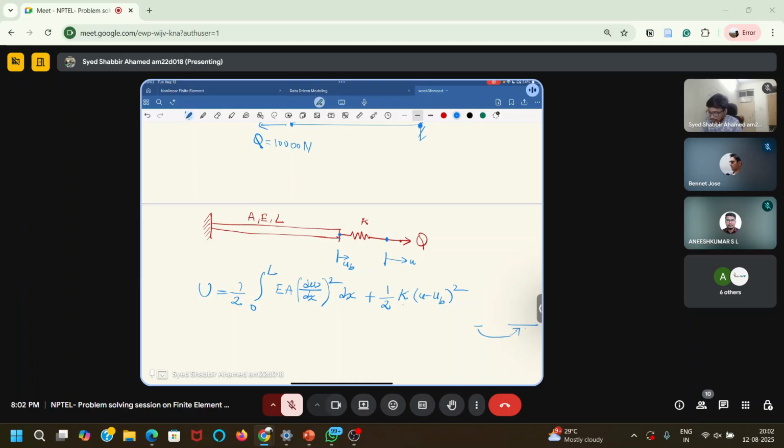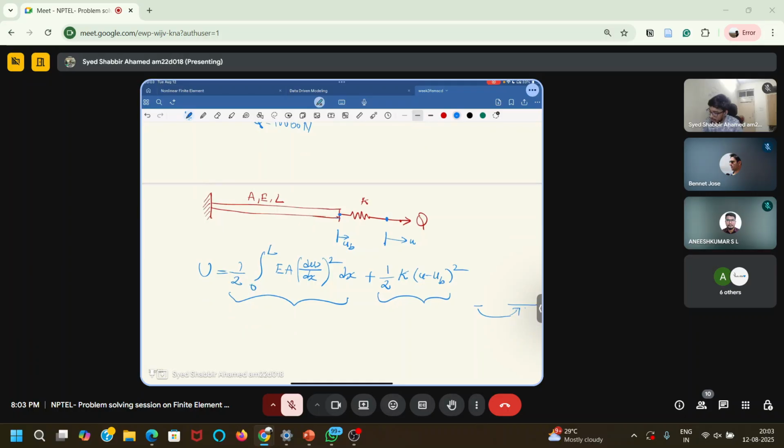So half into k into total deflection of the spring, or you can say delta x, squared, gives the total strain energy stored in the spring. This is the strain energy stored in the bar. This is the strain energy stored in the spring here.